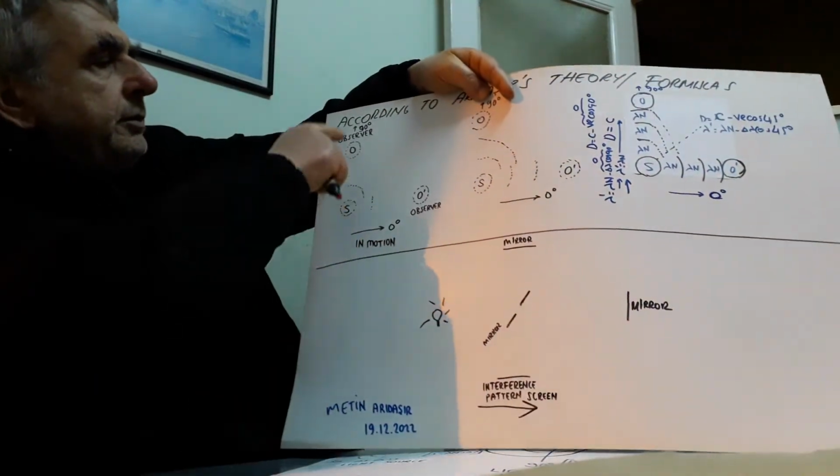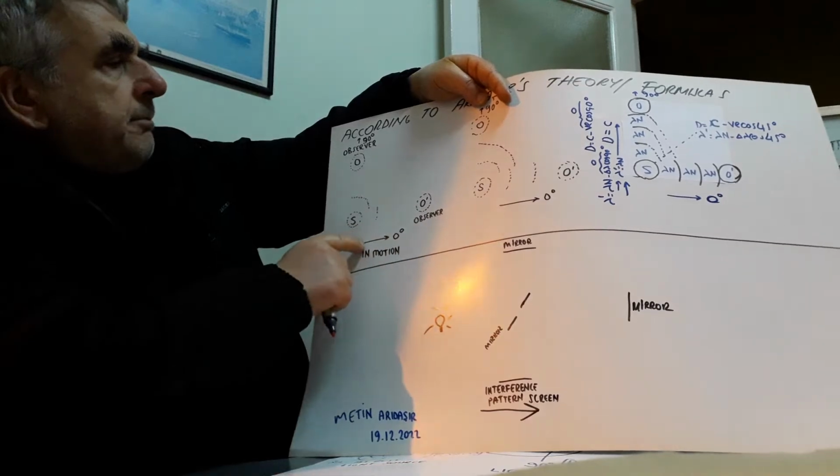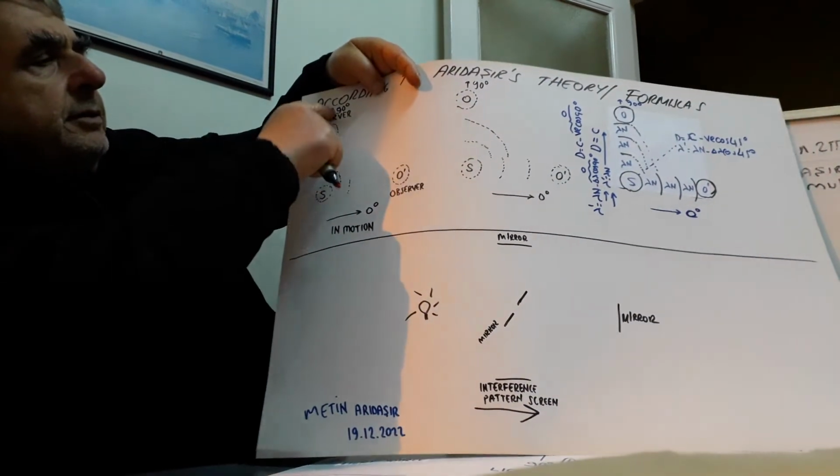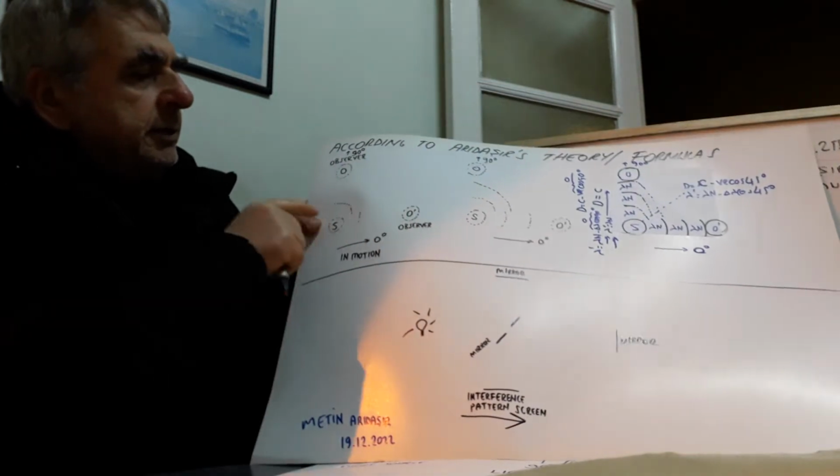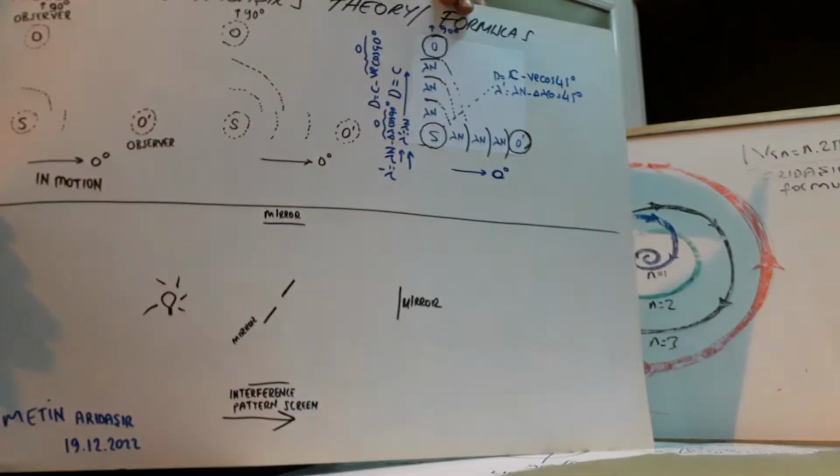There are 3 points: observer prime in the 90 degree direction, observer in the 0 degree direction, and the source. Snapshot, please.